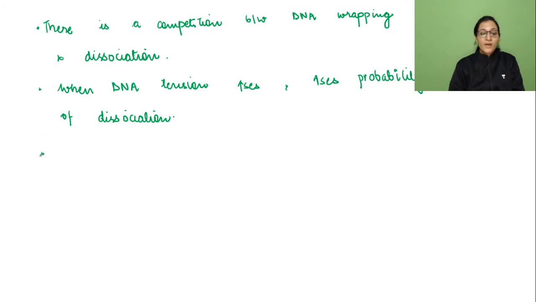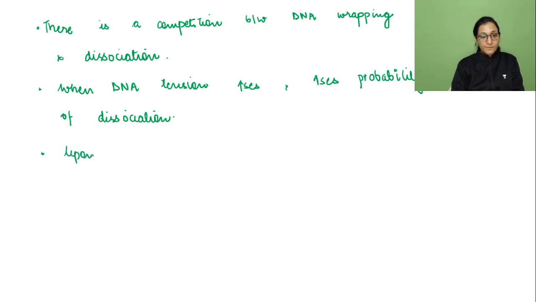Upon unwrapping and ATP hydrolysis, two negative supercoils are introduced into the template, providing the opportunity for subsequent wrapping and supercoiling events. So what are we saying?